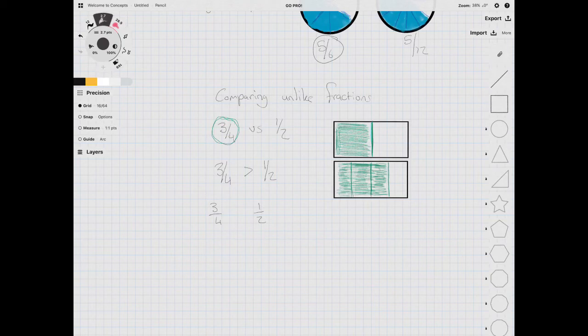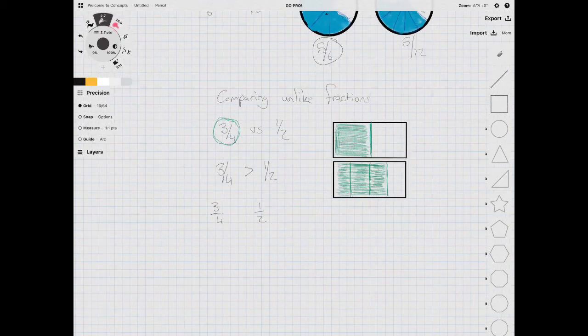And we can't change it in any way we like. We need it to be an equivalent fraction. So just by looking at this, I want to find an equivalent fraction of 1/2 that will have either a numerator or a denominator of 4. And I can see that 2 is going to go into 4. So I'm going to start off by finding an equivalent fraction for a half with a denominator of 4.